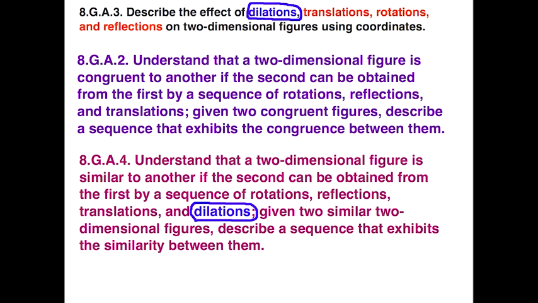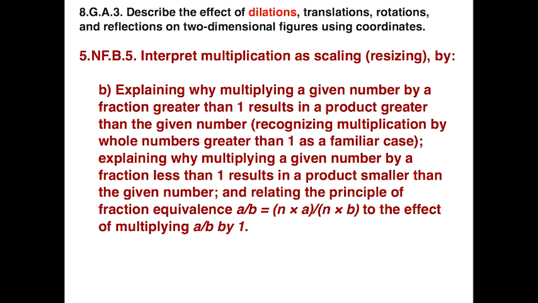Notice though that 8.G.A.3 involves dilations, which is a little different than congruency because of the idea of a scale factor. So let's look at dilations. What else in the standards is connected to this idea? Back in 5th grade, we had standard 5.NF.B.5, which talked about interpreting multiplication as scaling.